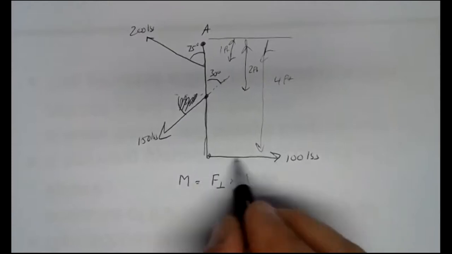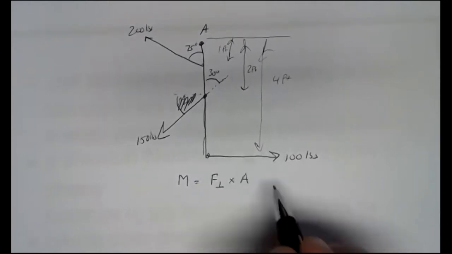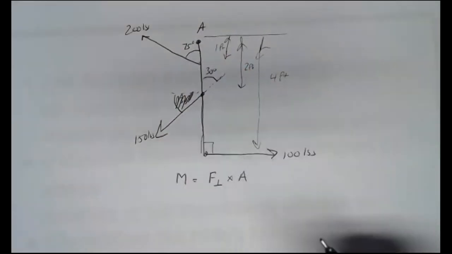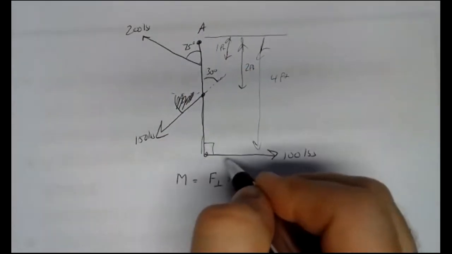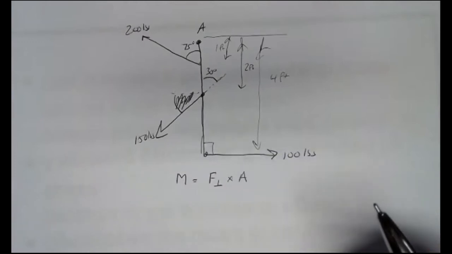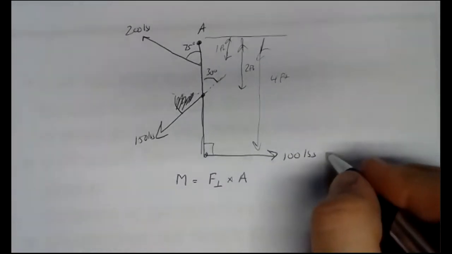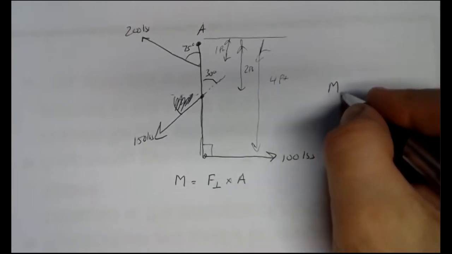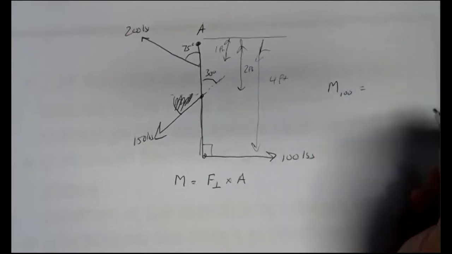So let's take the moment due to the 100-pound force here. The arm, the distance from the pivot point to the point of application, and the force are already perpendicular. So we can just multiply them out. The moment from the 100-pound force, so let's write that over here as moment due to the 100-pound force.